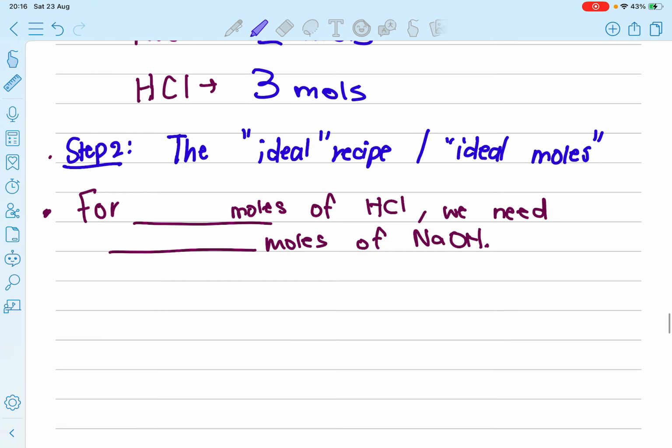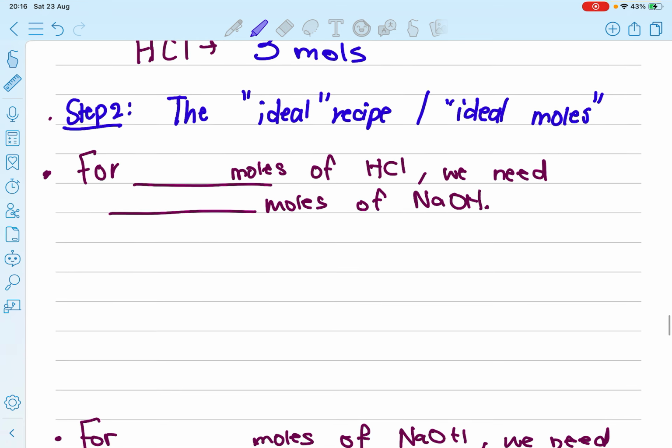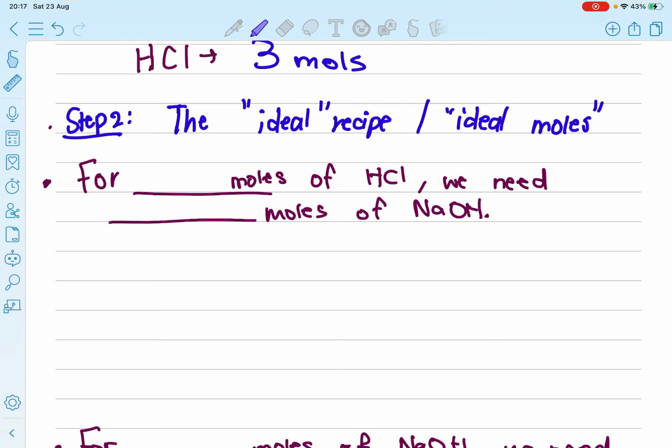The next step is the ideal ratio or the ideal moles. What I mean by this when I talk about ideal ratio and ideal moles is you need to construct a sentence. If you're still not comfortable with limiting reagents, guys, construct a sentence like this. Start it off with: for 3 moles of HCl.